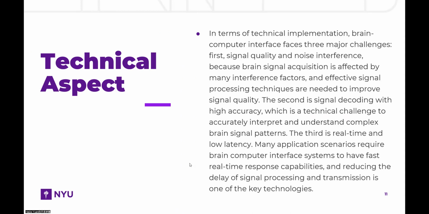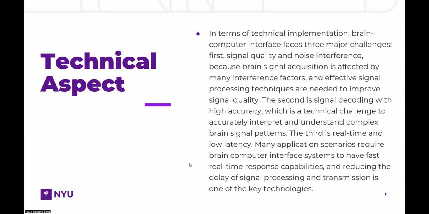The first one is signal quality and noise interference, because the brain signal is affected by many interference factors, and effective signal processing techniques are needed to improve signal quality.